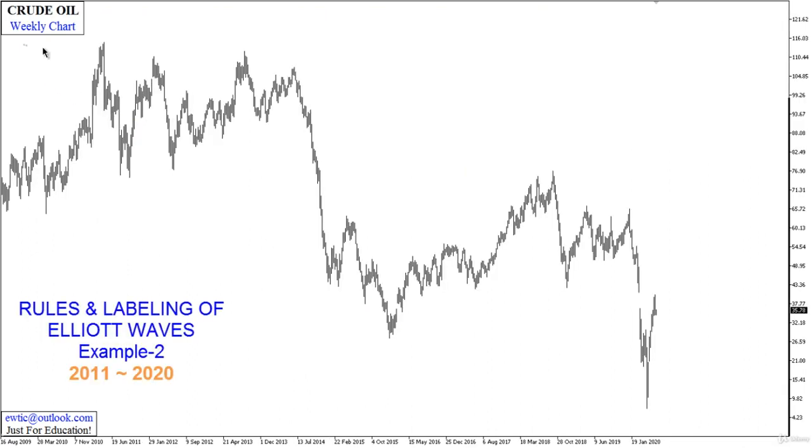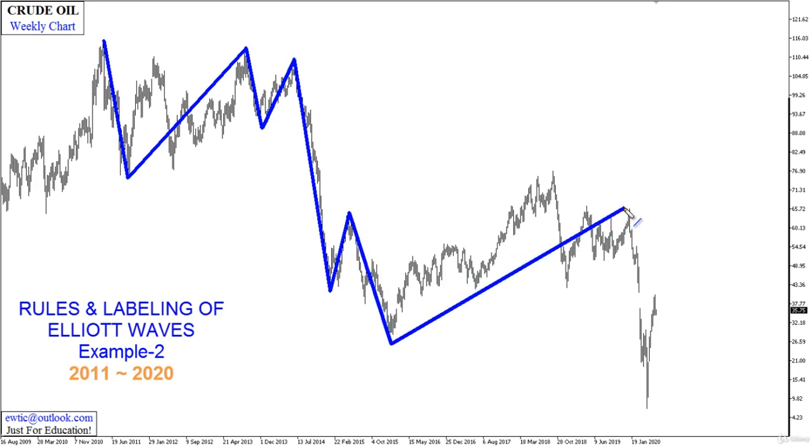This is a price chart of crude oil. This is the weekly time frame, and we are using this down move from this top. We have a clear wave down, wave up, a down, up, a down, up, a down, up, and a down, right?